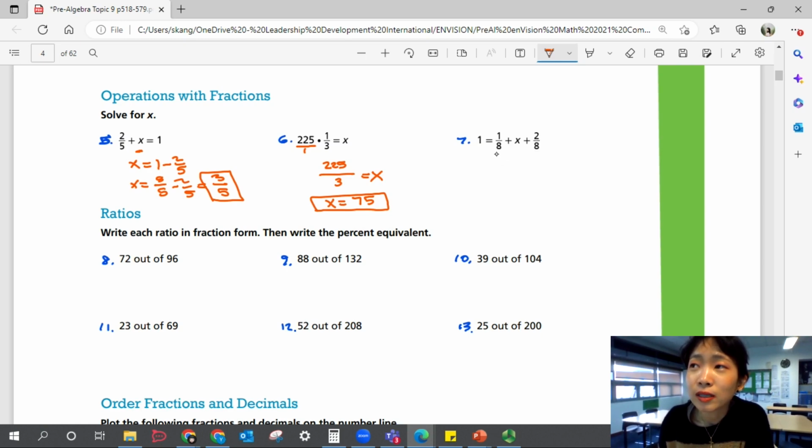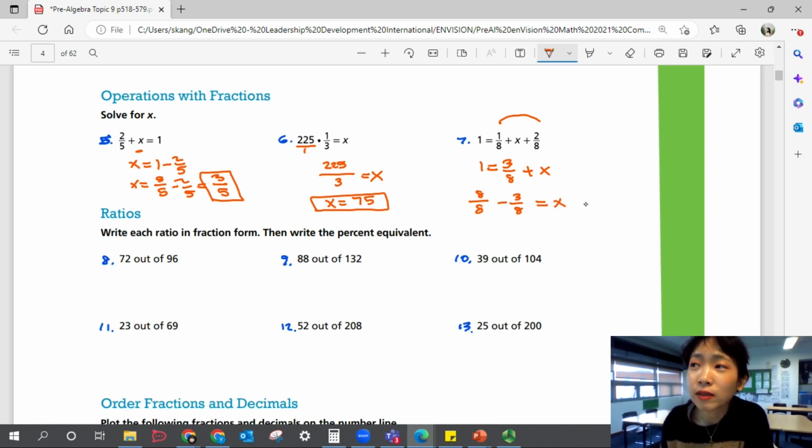You have 1 is equal to 1 over 8 plus x plus 2 over 8. So you're going to combine the like terms first so that you can simplify the right side of the equation. Thankfully, the denominators are the same. So you probably got 3 over 8 plus x as your next step. And then you're going to subtract 3 over 8 on both sides. That means 1 wants to be 8 over 8 so that you can subtract the fractions here.